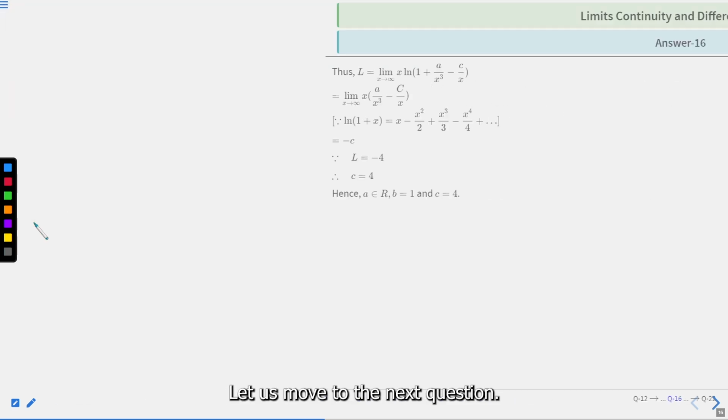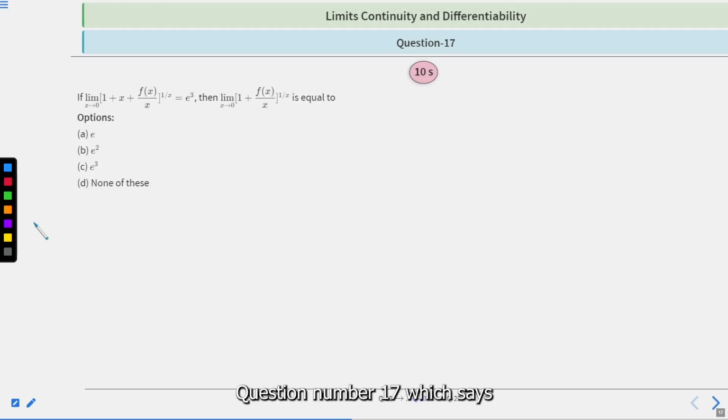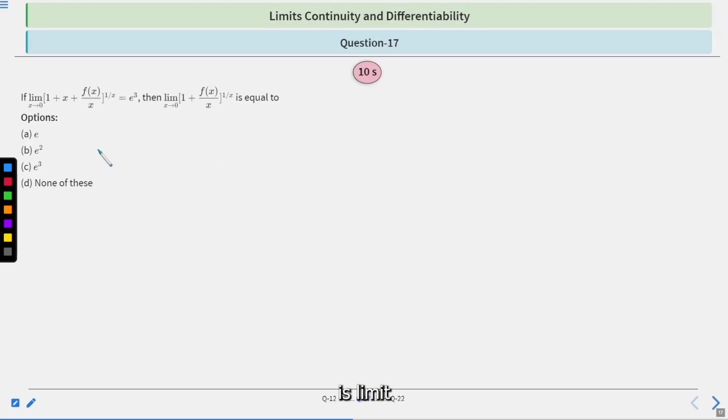Let's move to the next question. Question number 17, which says: if the limit as x tends to 0 of (1 + x + f(x)/x)^(1/x) is equal to e^3, then the limit as x tends to 0 of (1 + f(x)/x)^(1/x) is equal to? When you see this question, it is 1 to the power infinity form, right?